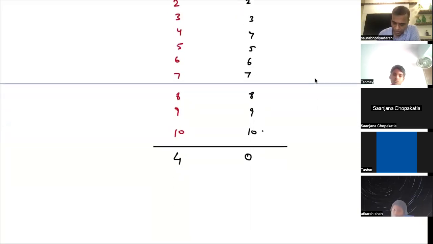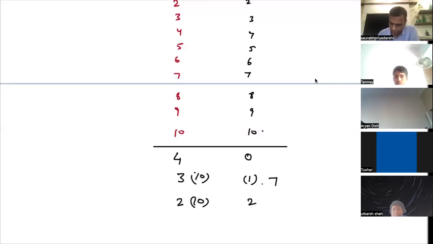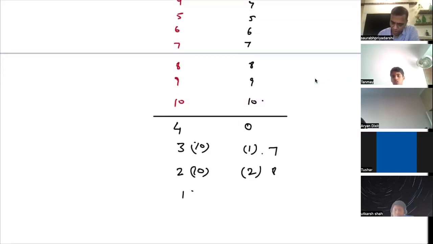Second case, 3 out of 10 and 1 out of 7. Sir, why 7? I'll explain this. Then 2 out of 10 and 2 out of 8, 1 out of 10 and 3 out of 9, and 0 out of 10 and 4 out of 10.